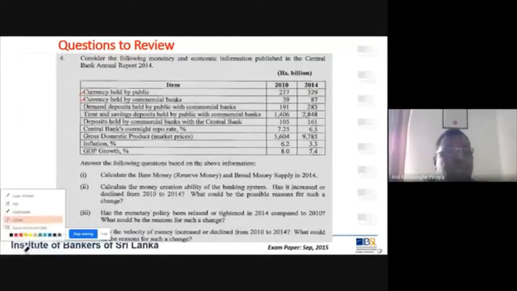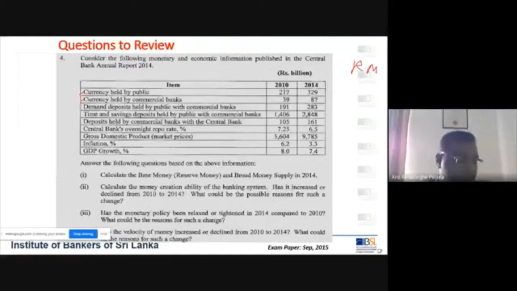In 2014, reserve money we have as 577, M1 612, M2 3460.